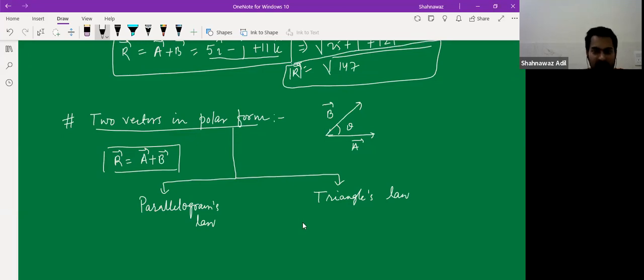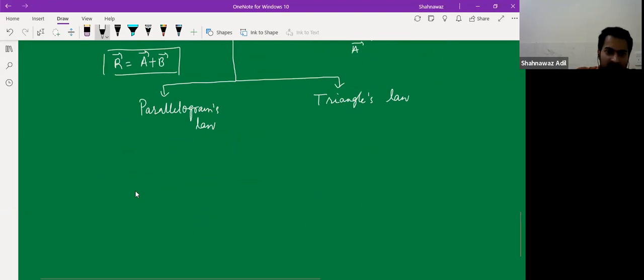In the parallelogram law, what you do is, any vector has geometrically two parts. This is called the tail of the vector, and this is called the head of the vector.